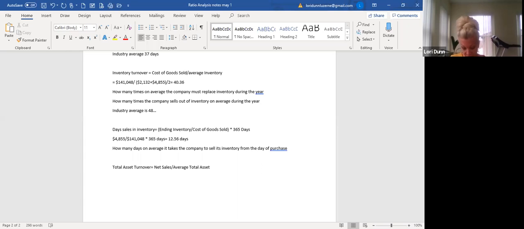So we're going to go back to our income statement. Our total sales are 229,234. Divide that by, go back to your balance sheet on page 619, total assets, all assets, not just current, all assets. The beginning is 321,686 because we're averaging, right?